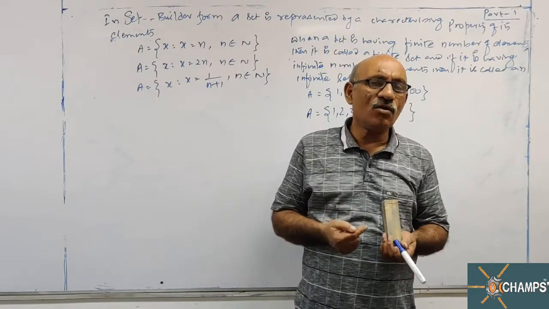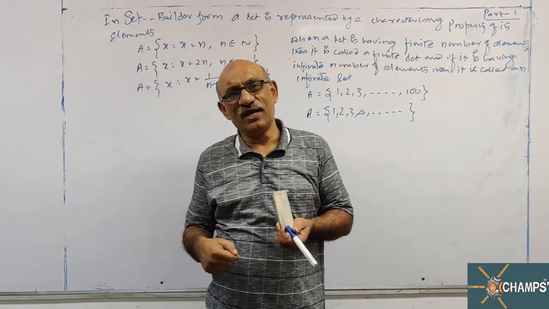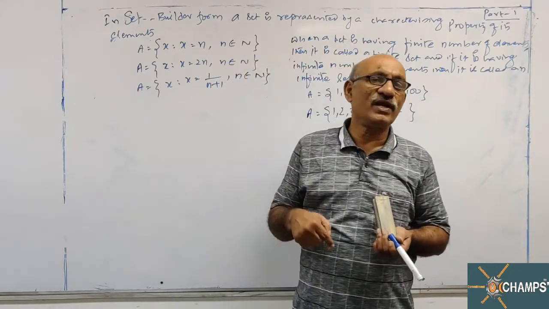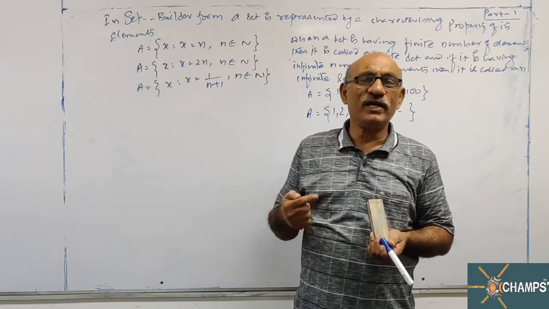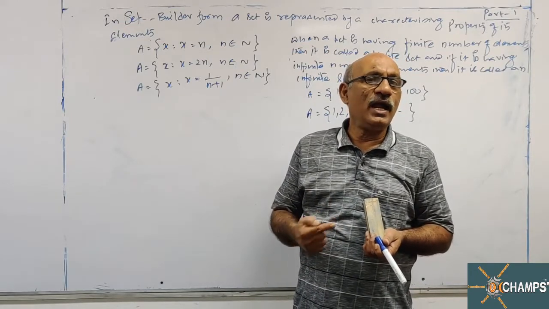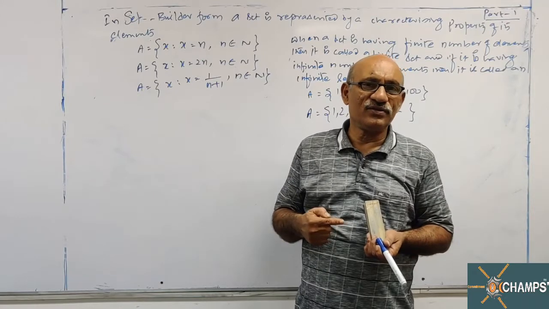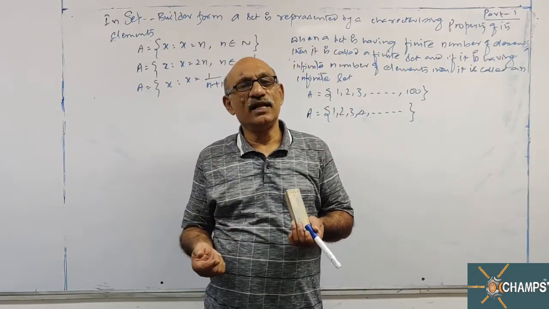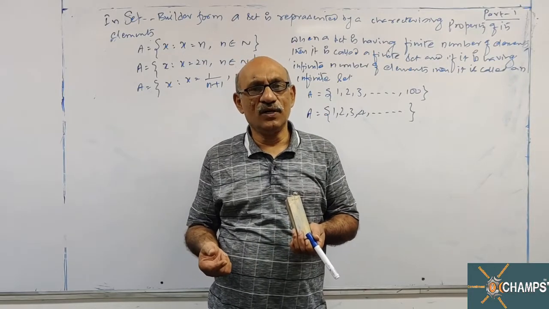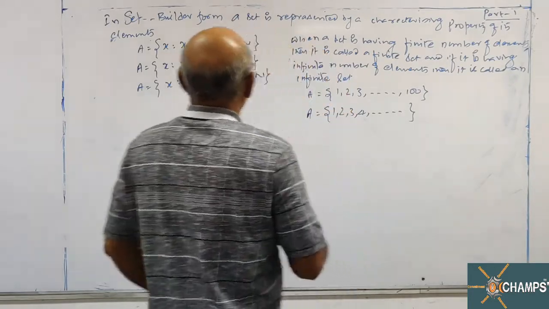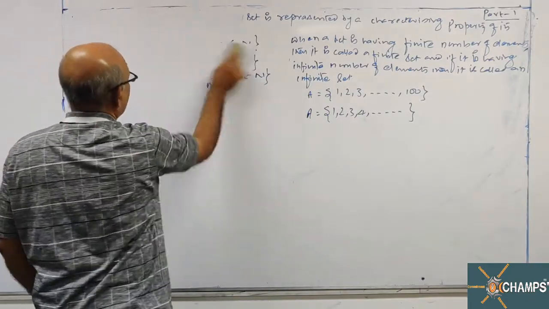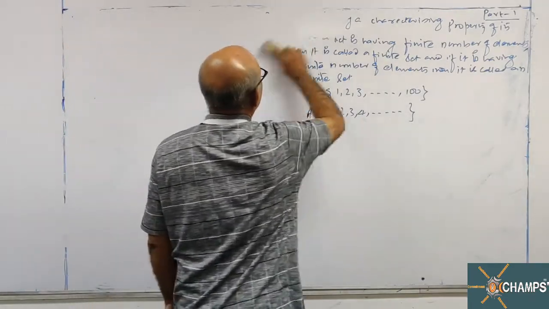Now I start counting how many elements the set is having. When my counting process is terminated by a natural number, then it is called a finite set. And when my counting process is not terminated by a natural number, then it is called an infinite set. Let us see the different types of sets we have.